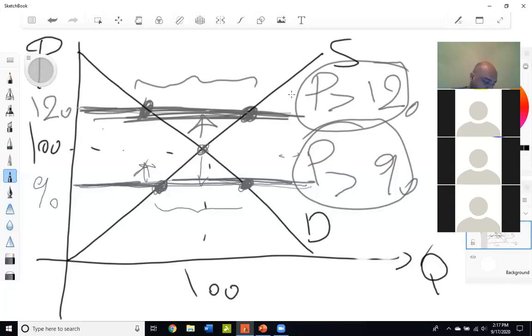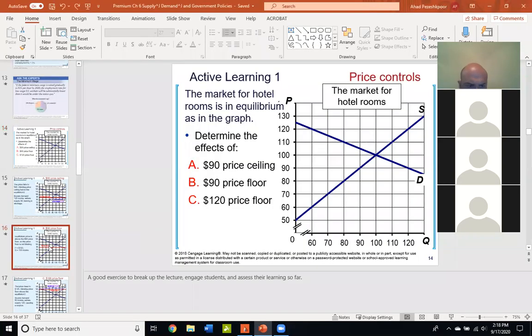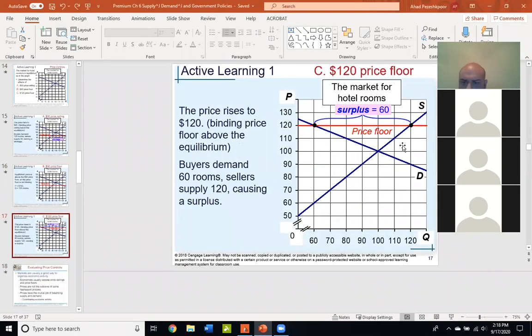If you deduct your demand from your supply, it would be equal 120 minus 60. Your surplus would be 60.